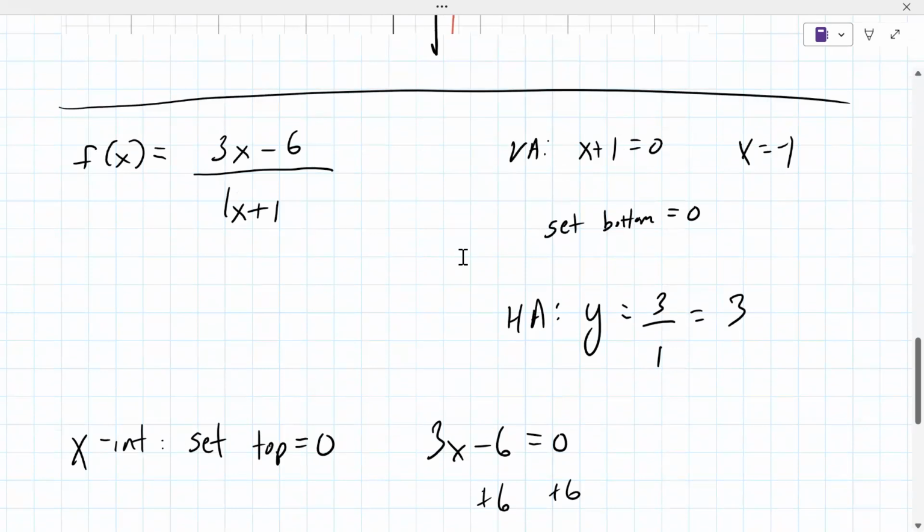I'm getting it down in my notes. Let me know when I should scroll down.